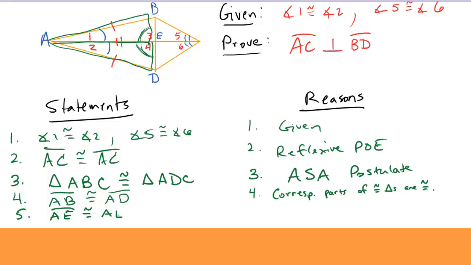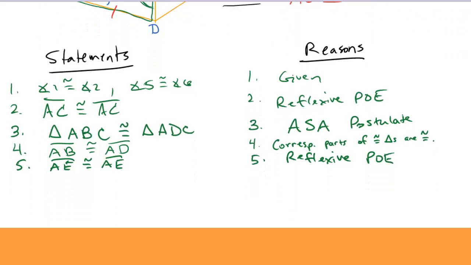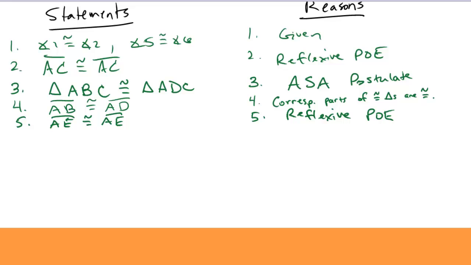AE is congruent to AE. Again, reflexive property of equality. So, I know then that triangle ABE is congruent to triangle ACE.